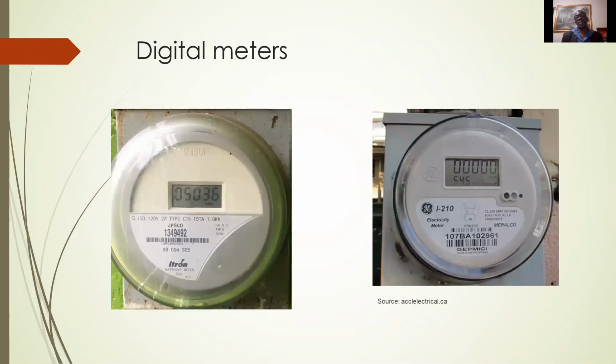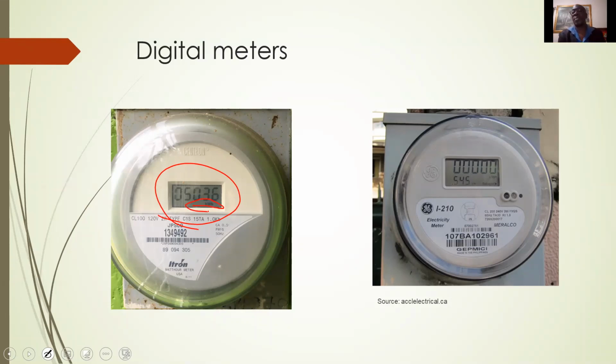These are examples of digital meters. On the left meter, we're seeing the energy that has been consumed, and that's the reading. We know it's the energy consumed because you see the units, kilowatt hours.